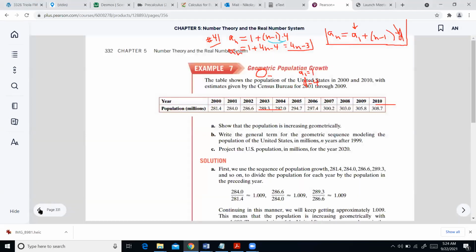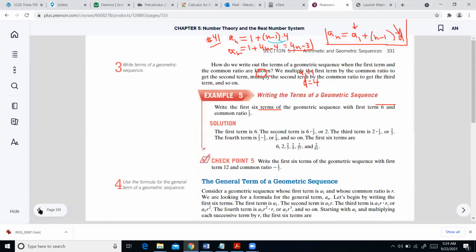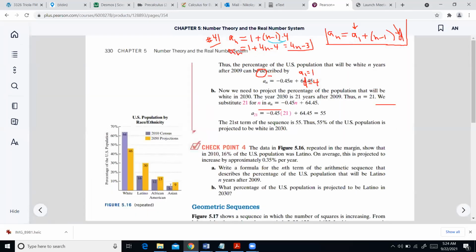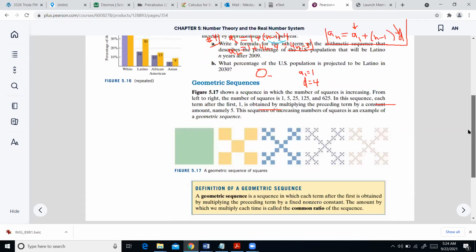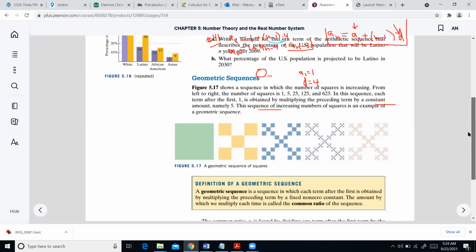That's a totally different type of sequence, and the terms you produce not by addition, but by multiplication. And here they give some examples of the sequences that you have produced by multiplication.